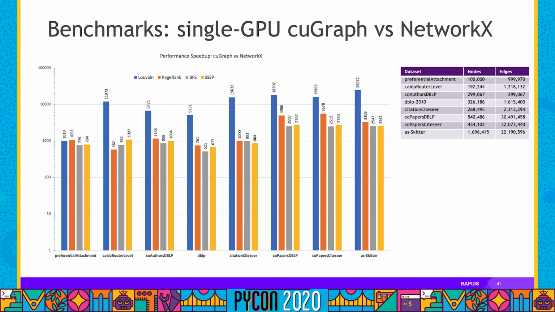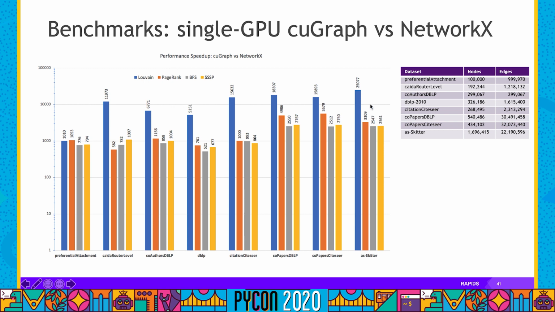So here, just 4 different graph algorithms: Louvain, PageRank, BFS, and SSSP. And this is the performance speedup, cuGraph versus NetworkX. There are I think eight different data sets here. Let's just pick one. Let's use the AS Skitter data set, which has around 1.7 million nodes and over 22 million edges. Something like PageRank.